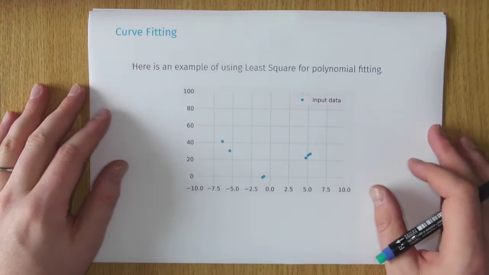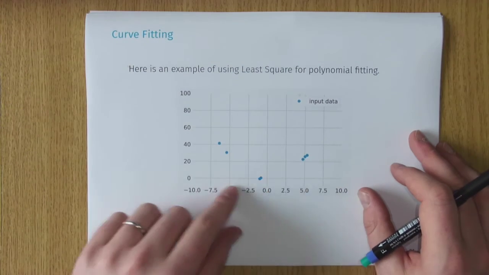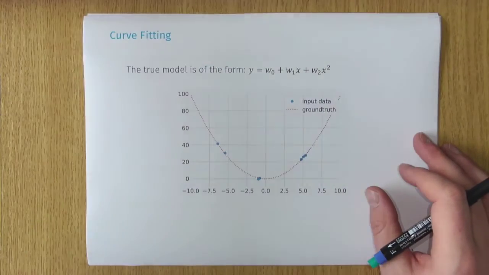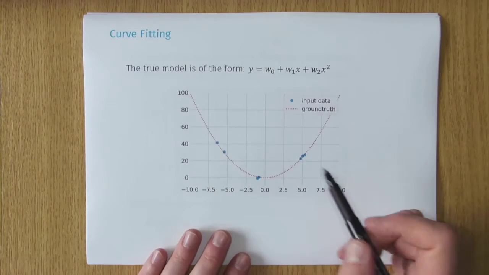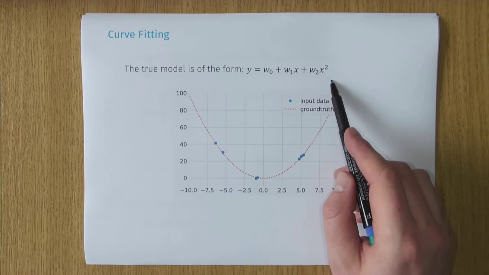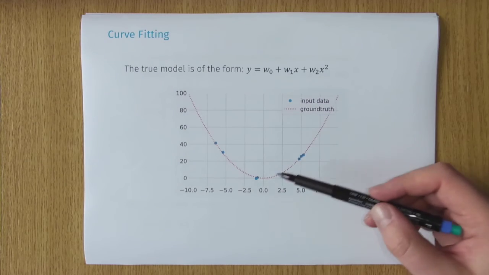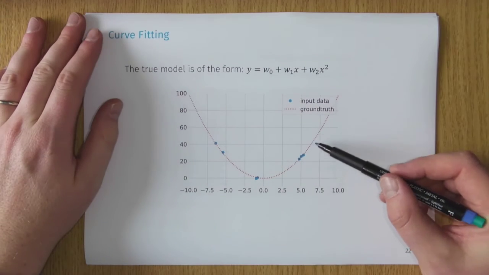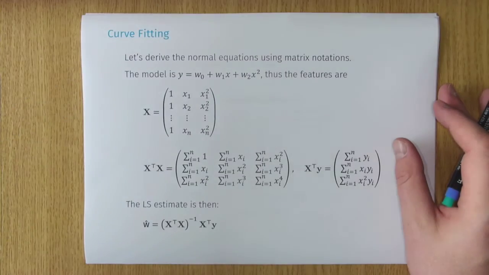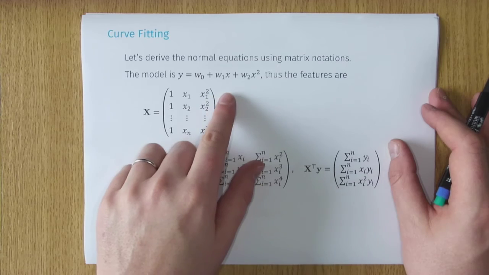So here's an example of that. You have a small data set here with a few points, and the real model is the following. It's actually a polynomial of order 2, so it's a parabola, and the ground truth here is the dotted line. To find the coefficients of that parabola, we need first to set the model.